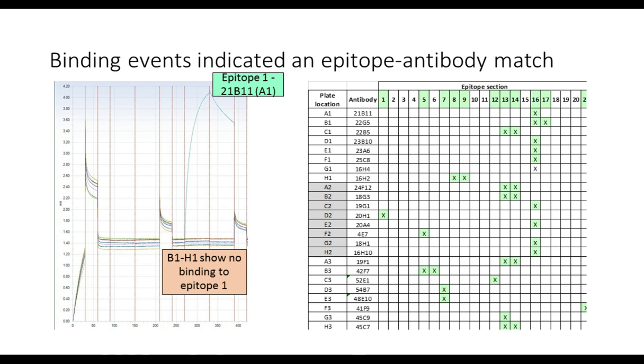So what you then see is, as you go through the plate, if the antibody recognizes the epitope, you will see a binding event. And what you see here is the analysis.